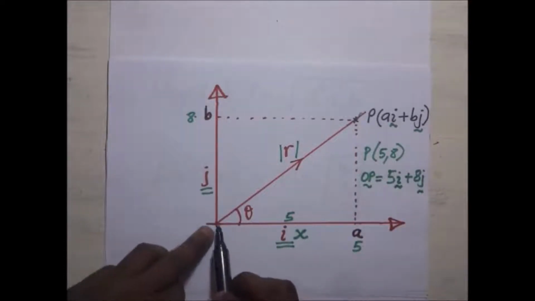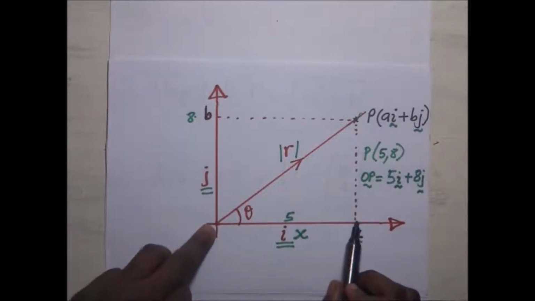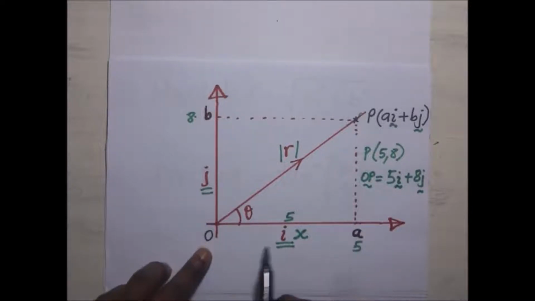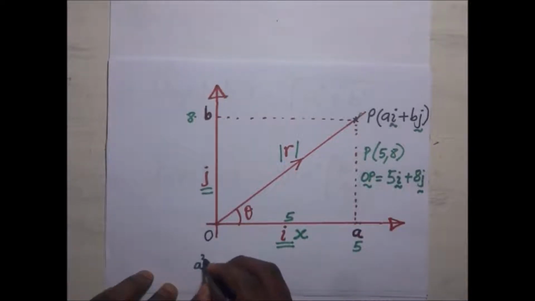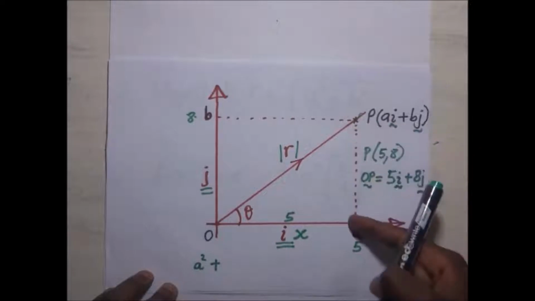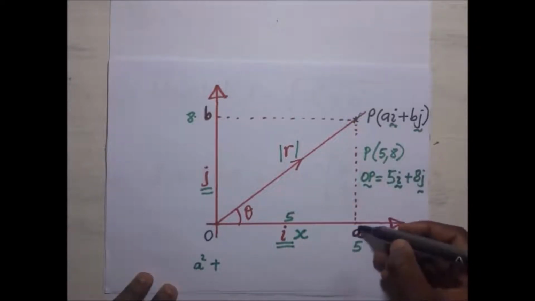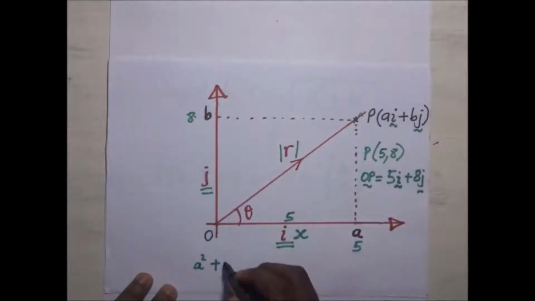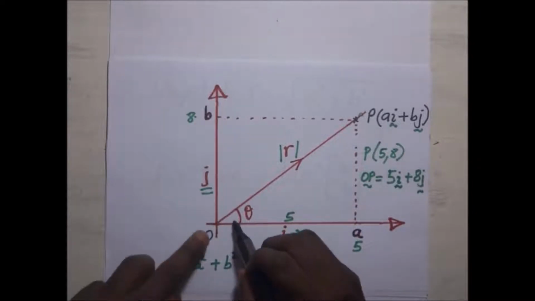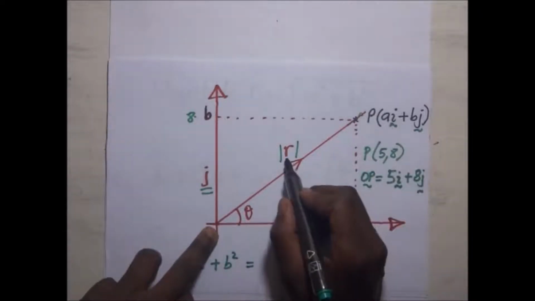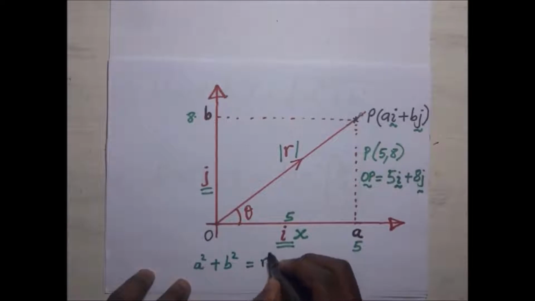In this case this side is denoted by A, so it's going to be A squared plus that line which is B squared, that's going to be C squared, and in this case C squared is R squared.